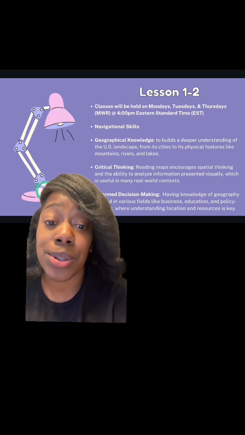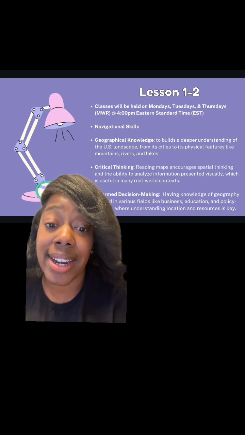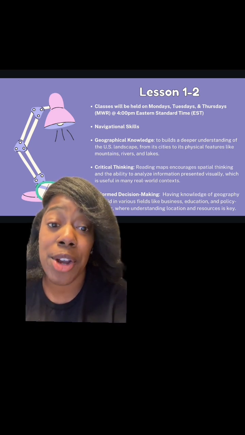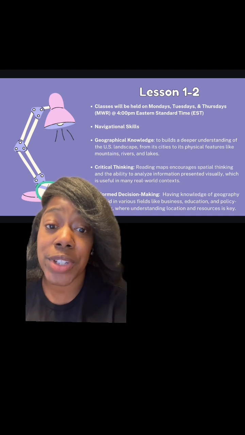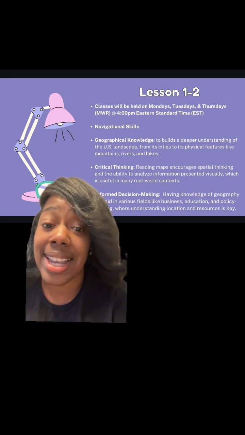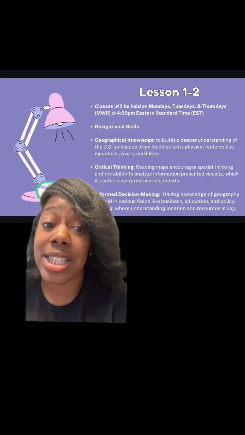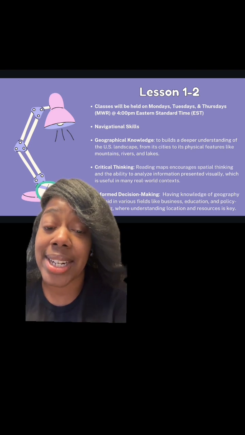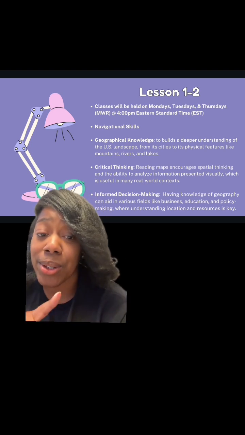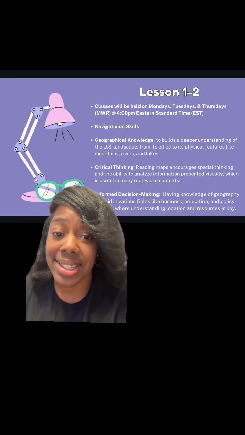And the purpose of my class with map reading is for you to gain navigational skills, geographical knowledge to help build deeper understanding of the United States landscapes from its cities to its physical features like mountains, rivers, and lakes, critical thinking skills where you can read maps that encourage spatial thinking and the ability to analyze information presented visually, which is useful in many real-world contexts, and then also to make informed decision making.